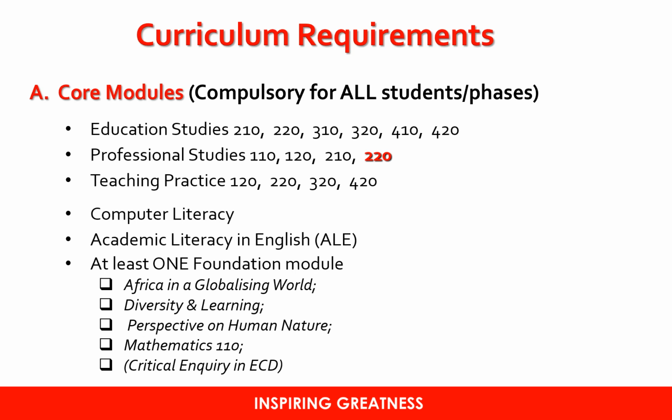So hopefully you've already passed either African, a Globalizing World, Diversity and Learning, Perspectives on Human Nature, Mathematics 110, or because you are in Foundation and Intermediate, you could also have done Critical Inquiry in ECD. So everybody has to pass at least one of these modules in order to graduate.